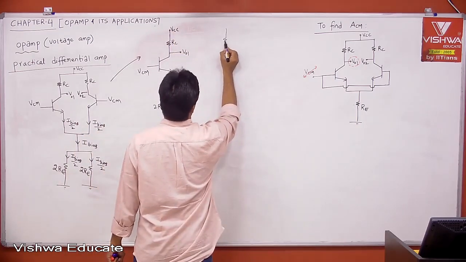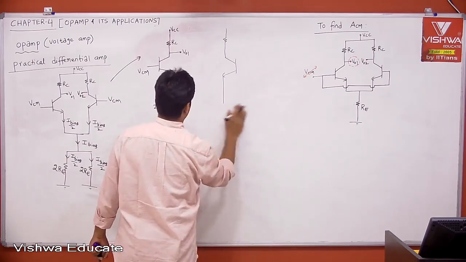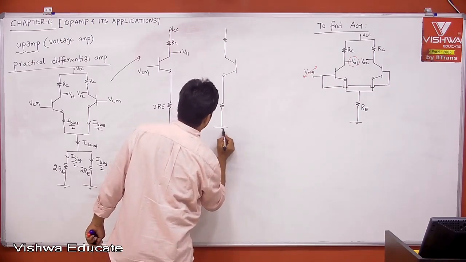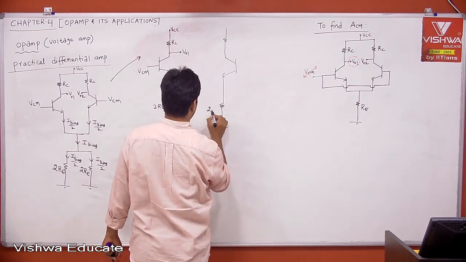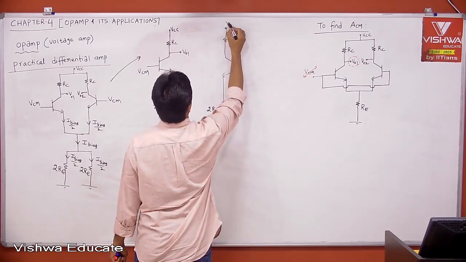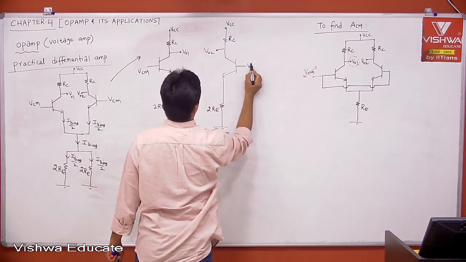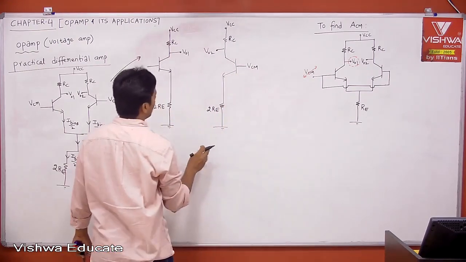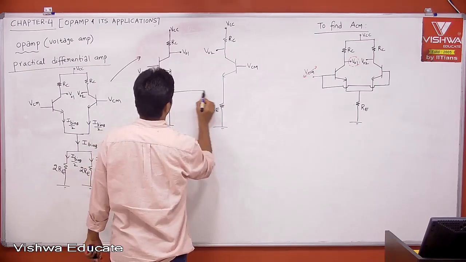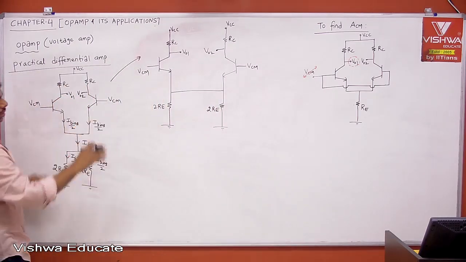Similarly, this is 2 RE, and then RC. I'm just separating the power supply, and this is V02, and this is your VCM. Now, there is a short. I'm just splitting it and writing it like this.